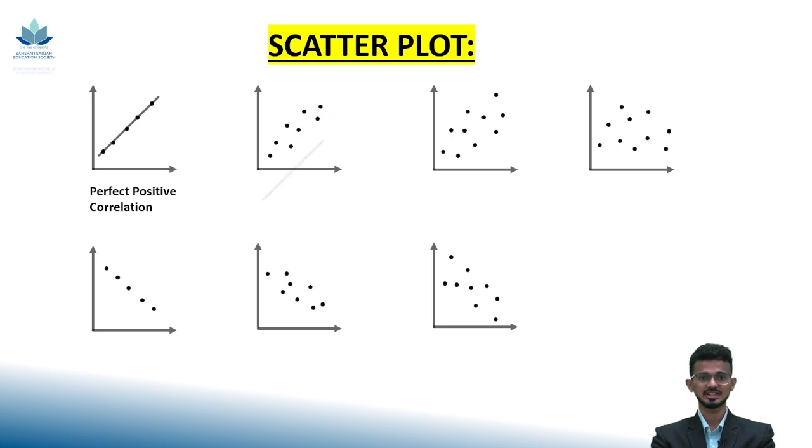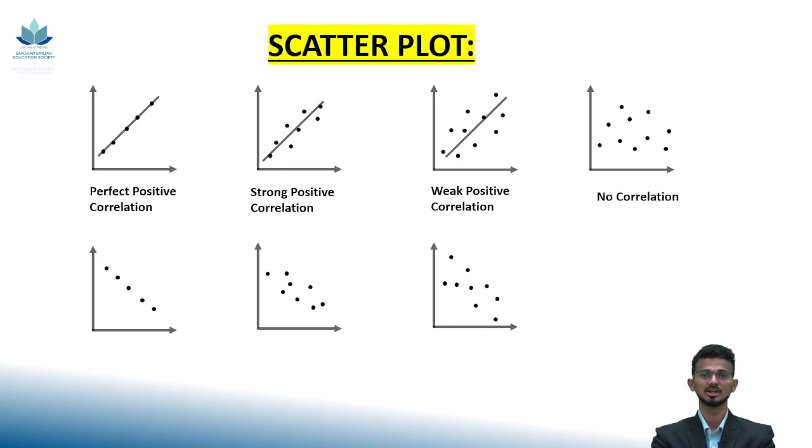If there is less scatter of observations from the trend line, as you can see in the second diagram, it is called strong positive correlation. In the third diagram, there is much scatter of observations from the trend line and it is called weak positive correlation. In the fourth scatter plot, we could not find the direction. In this case, there is no relationship between them.